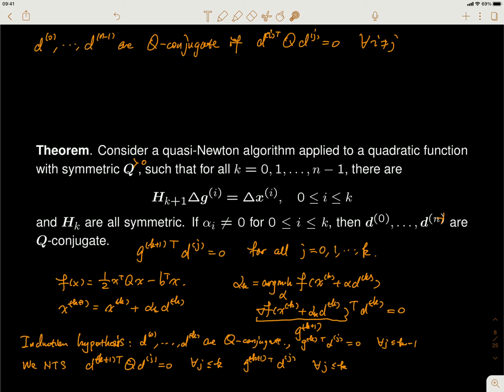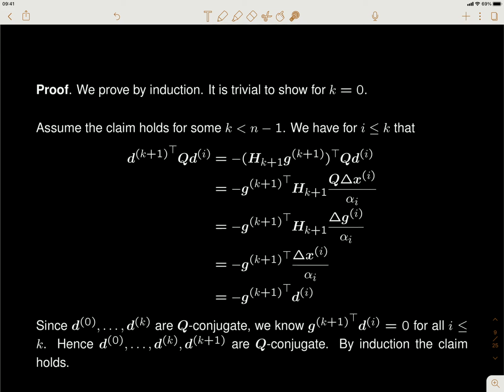Okay, so in the first iteration, this is easy to check. We can easily check that g1 is perpendicular to g0, and using this we can prove that this property will hold for k equals 0, and that is the starting point of the induction.